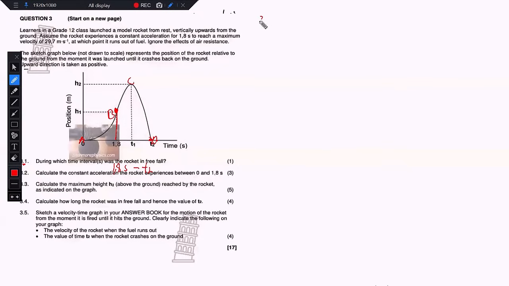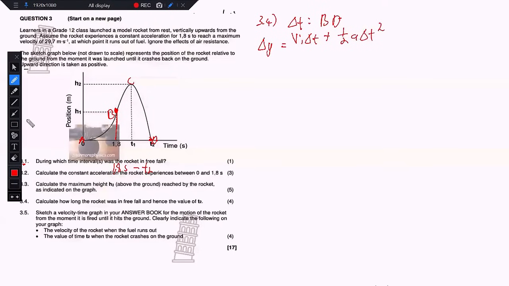So now let's indicate for 3.4, we are trying to find delta T for point B, D, right? So what can we do for that one? We can just simply say delta Y is equal to VI delta T plus half A delta T squared, right?